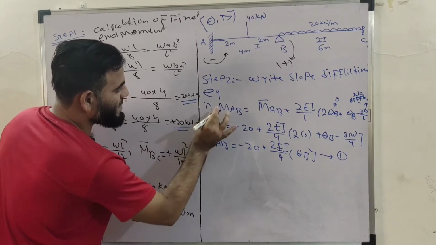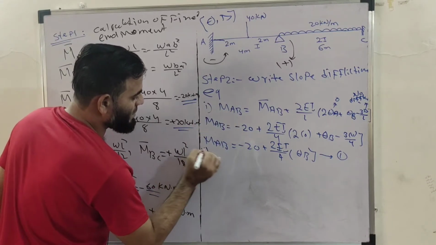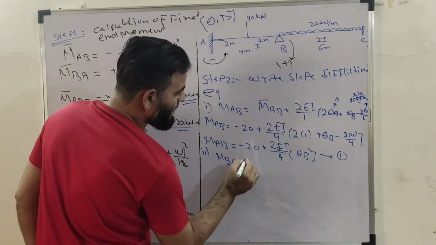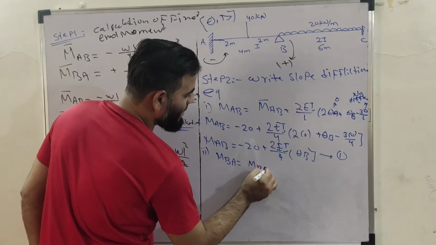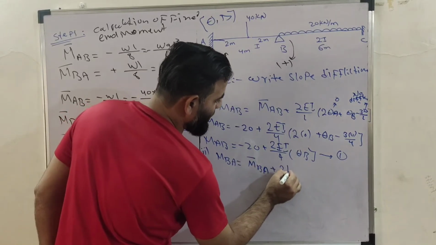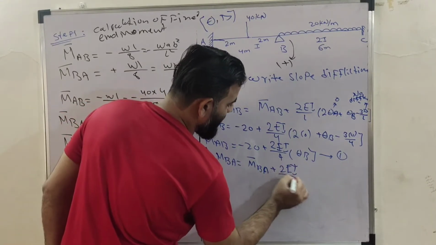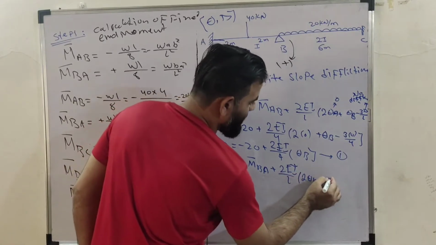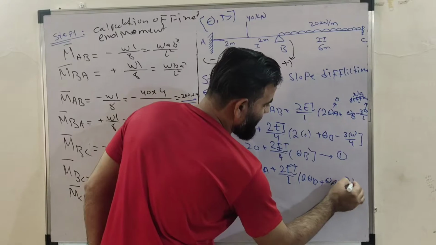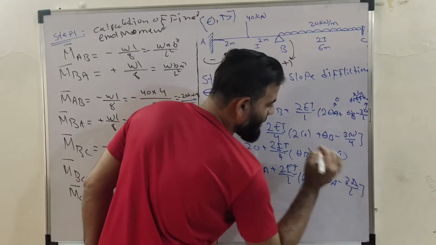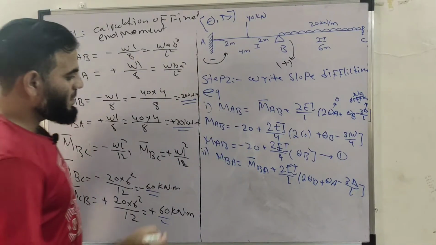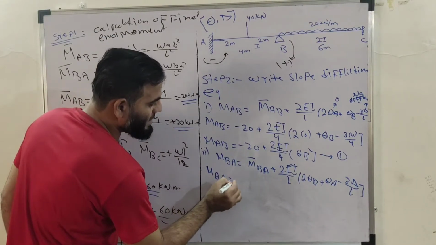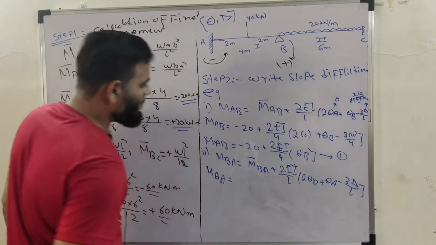Now the second equation. Moment of BA is equal to fixed end moment of BA plus 2EI by L into 2 theta B plus theta A minus 3 delta by L. We have moment of BA is equal to, what is the fixed end moment of BA?